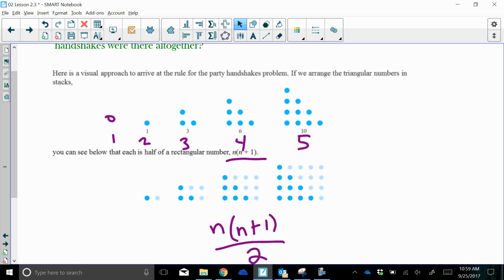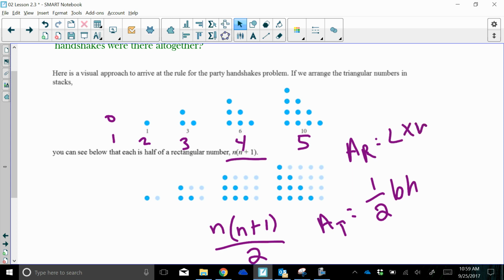Just like the area of a triangle is 1/2 base times height, and the area of a rectangle is base times height, or we call it length times width.